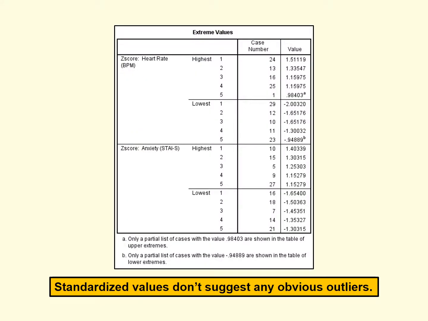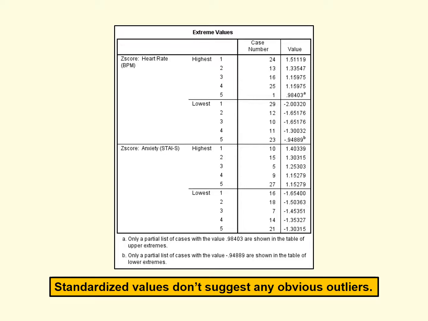So looking then at the output from my Explore analysis, you can see my highest and lowest standardized values for heart rate and for anxiety. And these standardized values don't suggest any obvious outliers either. I'm not seeing any values in the range of +3 or -3.